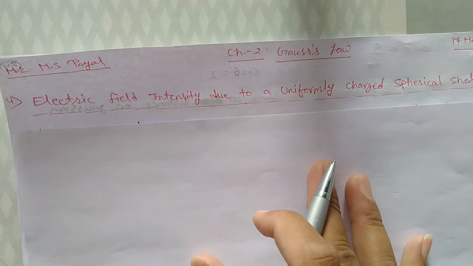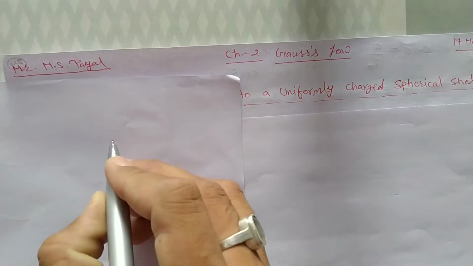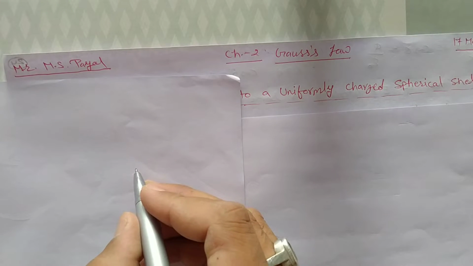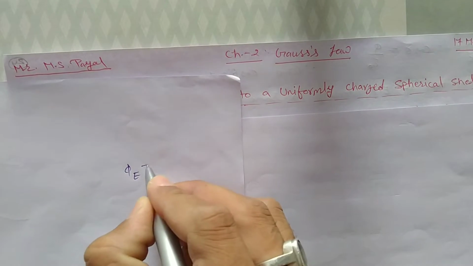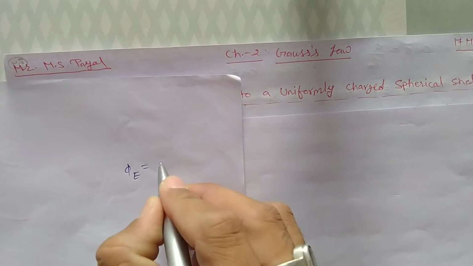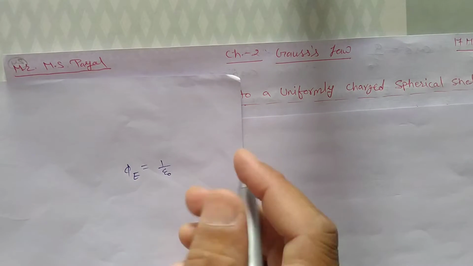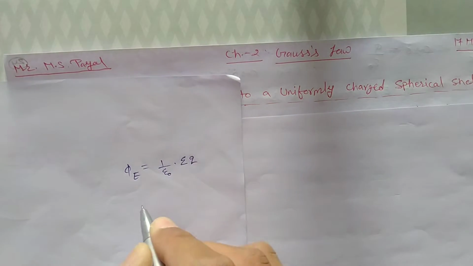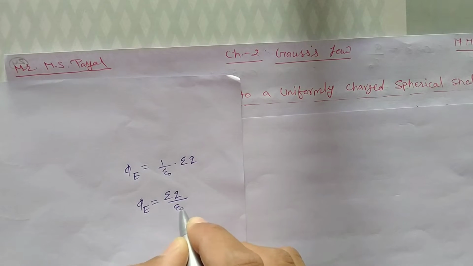Firstly, we know Gauss's law. What is Gauss's law? According to Gauss, the total electric flux passing through a closed surface, that is phi E, is equal to 1 upon epsilon naught times the total charge enclosed by that surface, that is summation Q. So phi E is equal to summation Q upon epsilon naught.